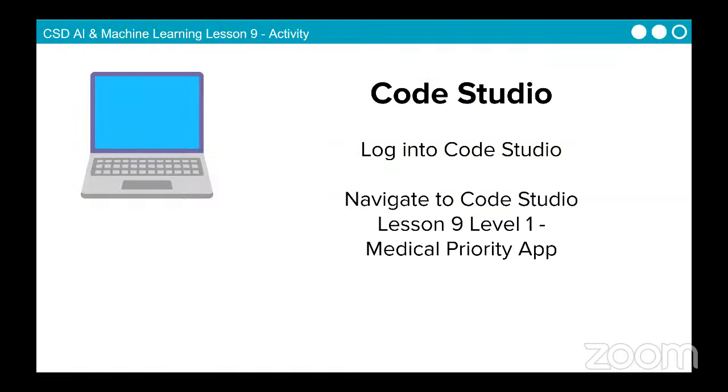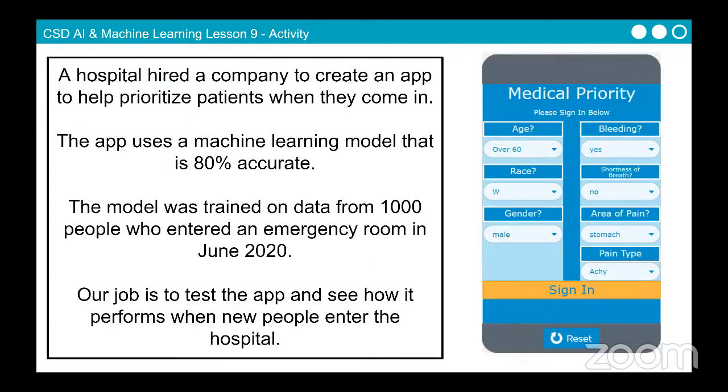The activity for today is for us to log into lesson 9, level 1, which is the medical priority application that Joshua and Farida showed us this evening. You have a hospital. They hired a company to create an app to help them prioritize patients when they come in.